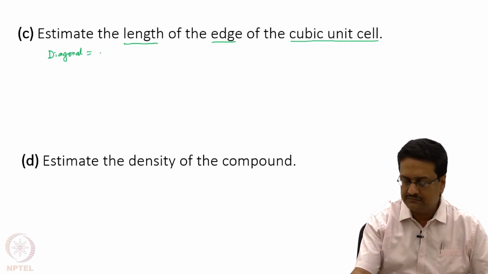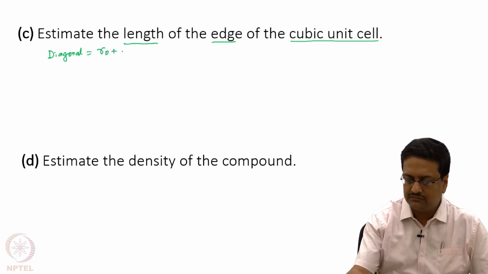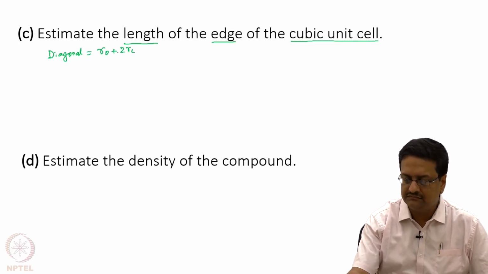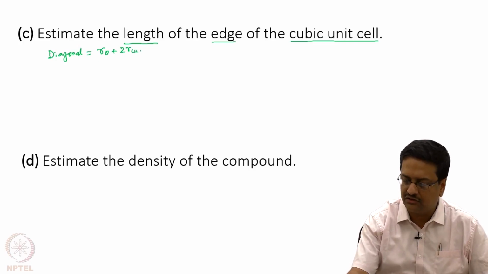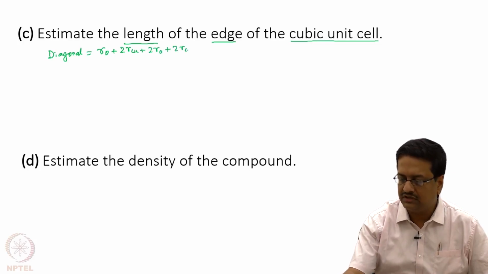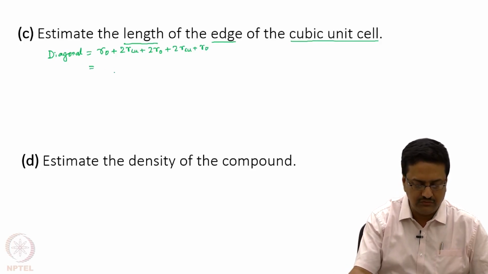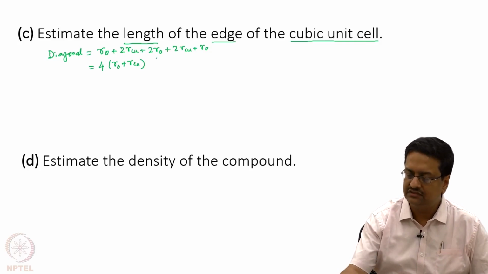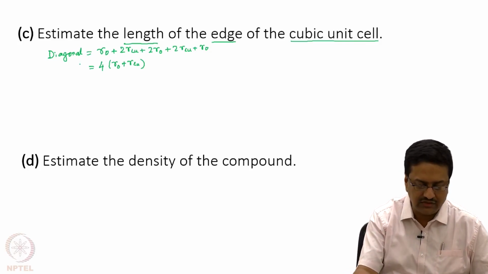which is nothing but R_O plus 2R_Cu, R cation plus R oxygen plus R copper plus 2R oxygen plus 2R copper plus R oxygen, which is equivalent to 4 times (R_O plus R_Cu), and this is nothing but equal to the diagonal, which is root 3 a.